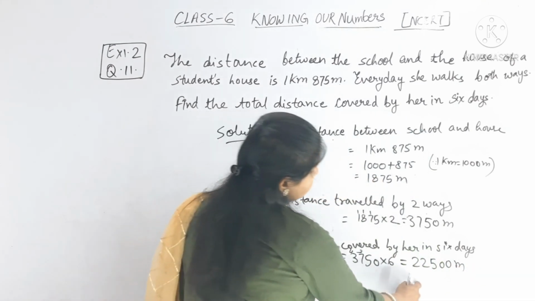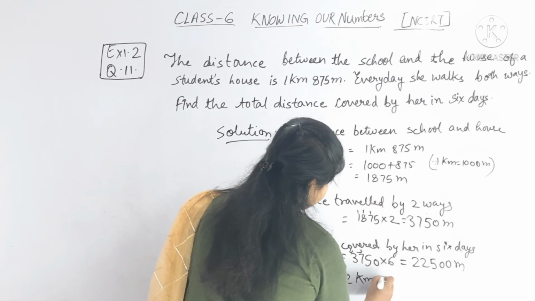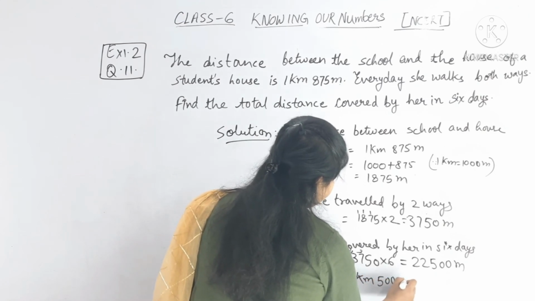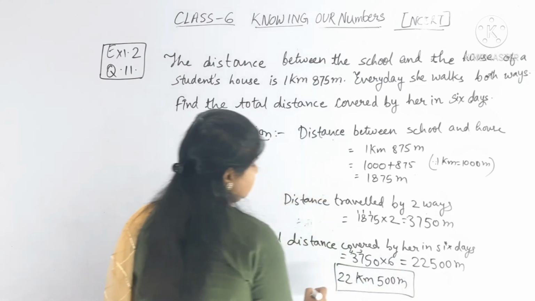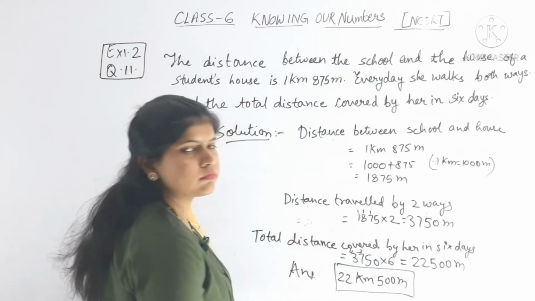So you can write this one as 22 kilometer 500 meter. This is the answer for the question number 11.